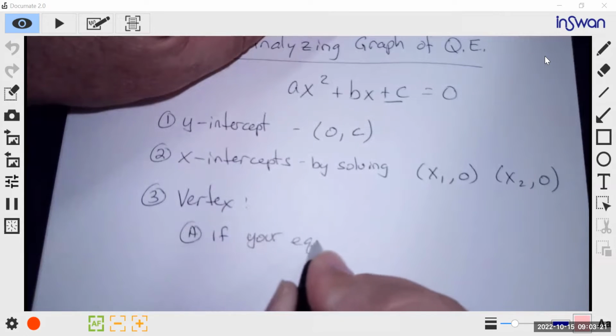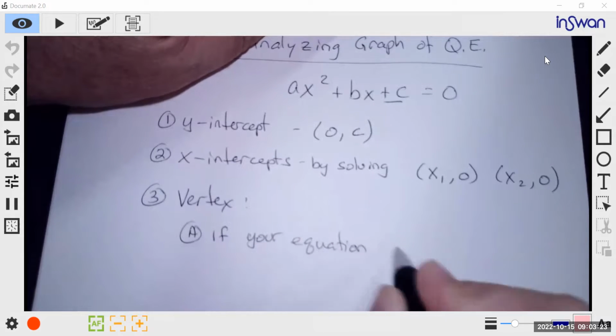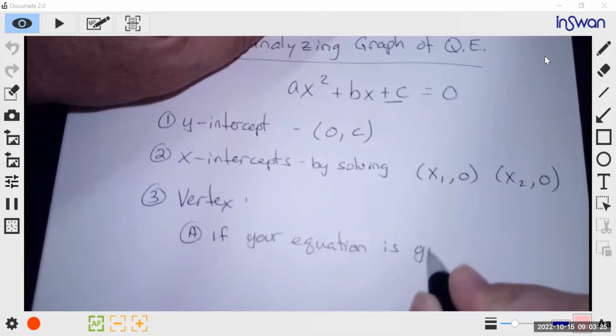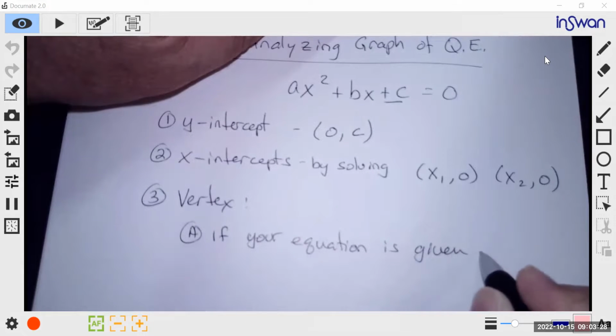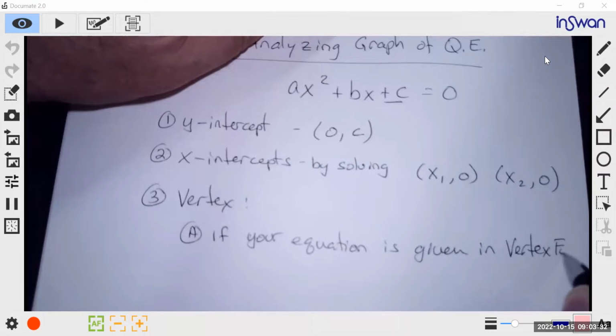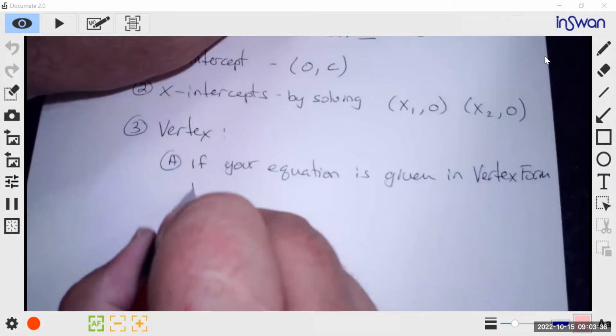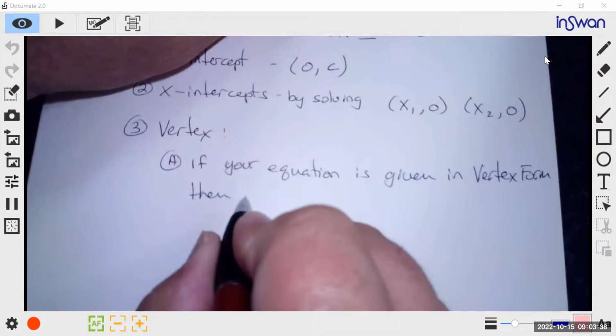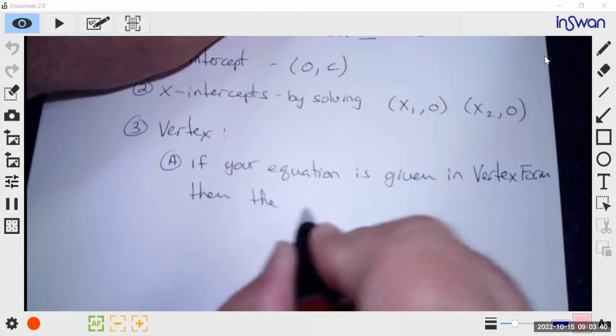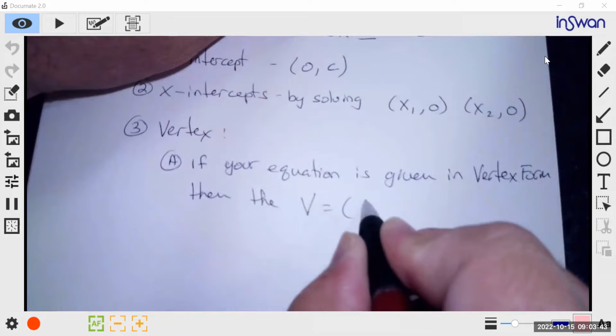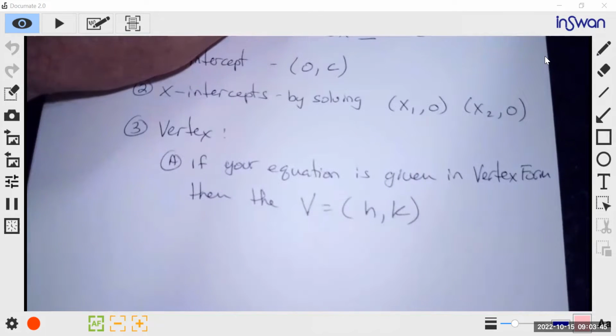If your equation is given in vertex form, then the vertex is simply the values of h and k.